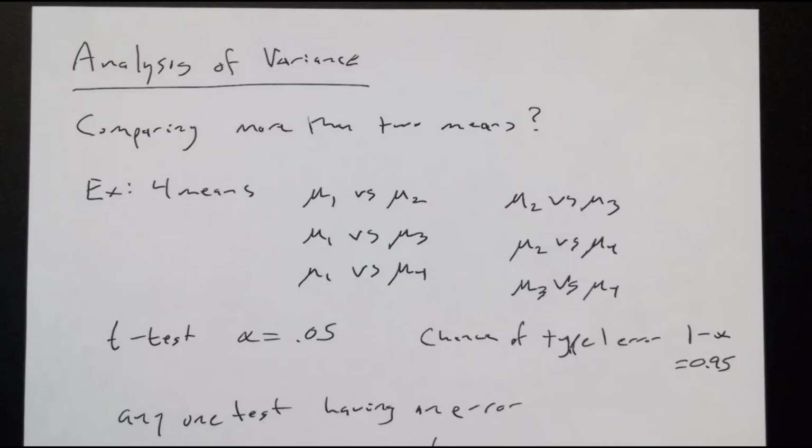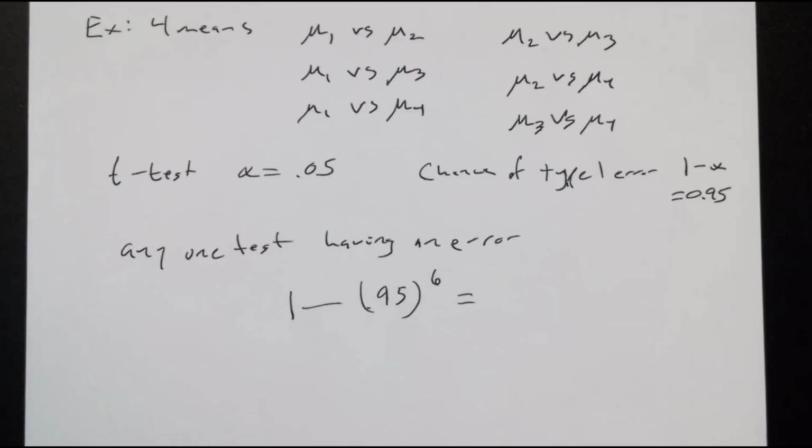Would get 0.265. There's a 26% chance I'm getting it in error. That's a lot bigger than the 0.05 I want, right?